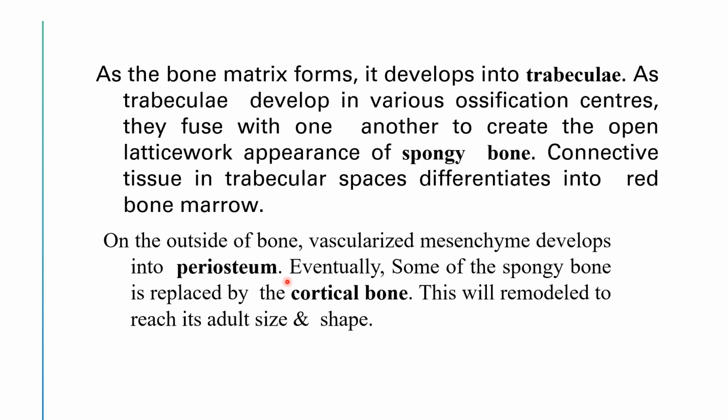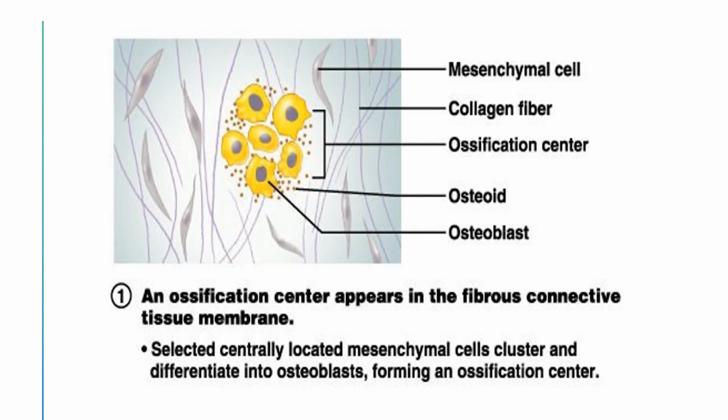So first, the center will be formed, with the osteoblasts, osteocytes, and the deposition of calcium and other minerals, and then it develops into trabeculae and then the spongy bone, and the outer area outside of the bone will develop into periosteum, and some of the spongy bone will be replaced by cortical bone, and this will be remodeled to reach the adult size and shape. That is the process of entire bone formation.